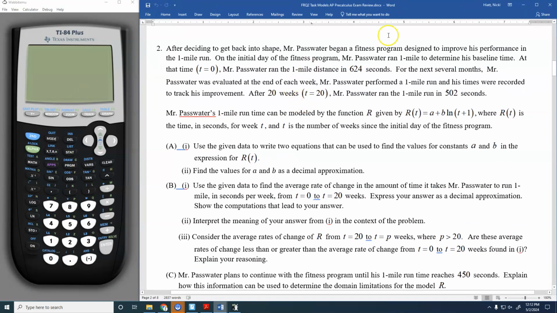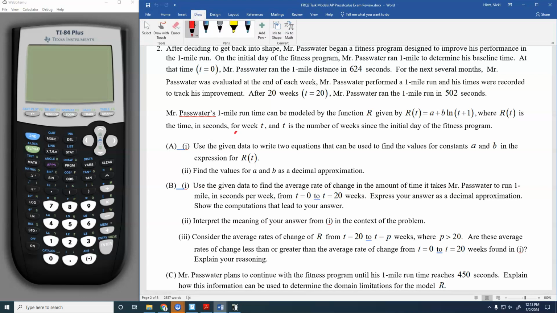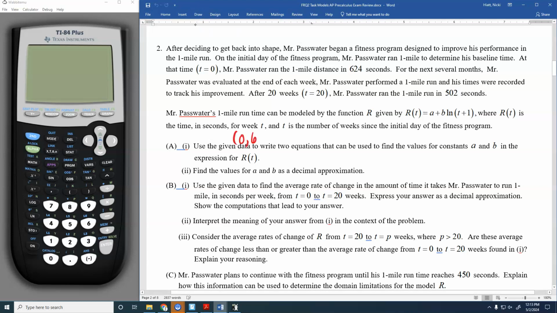So Mr. Passwater is on a fitness program. He runs his mile in 624 seconds at the beginning, and then after 20 weeks, 502 seconds. So if we get our points that go with that, that is going to be (0, 624) and (20, 502).